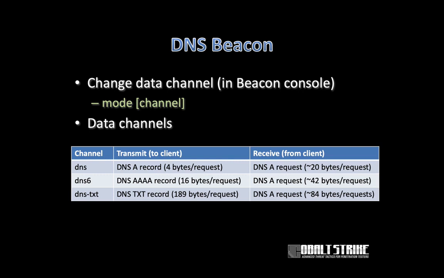But DNS and DNS6 will actually cut that value down. And the reason they do this is because in some networks, very long host names are automatically denied and just cut off. So the mode command, even today, even as a pure DNS beacon, is still a way to recover the agent if your initial C2 scheme isn't working for you.